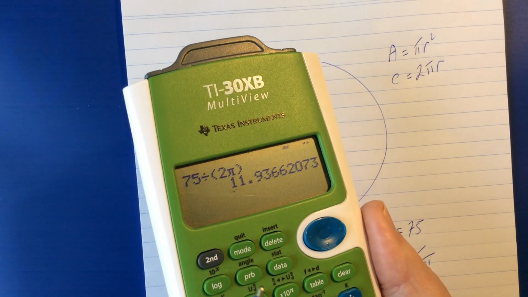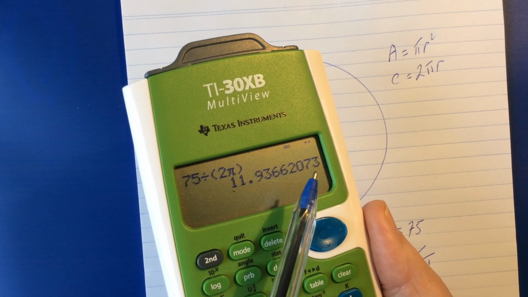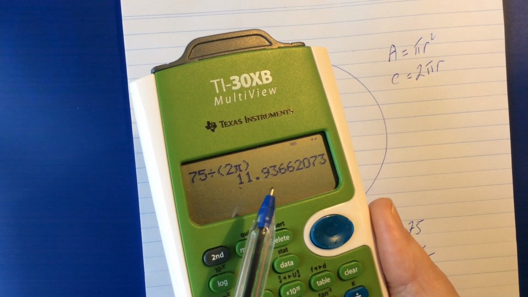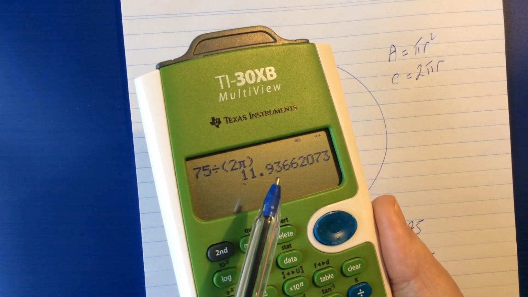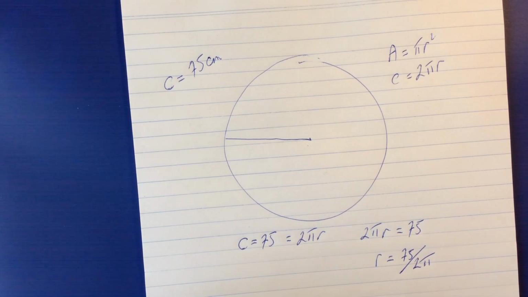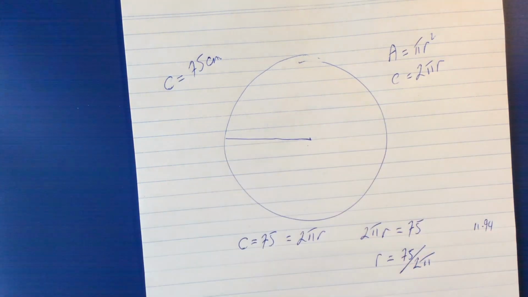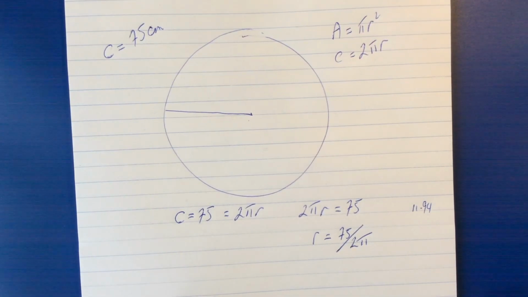I'm going to be using this number with all its decimals, but we'll either call it 12 or 11.94 just to have something in mind as we work.